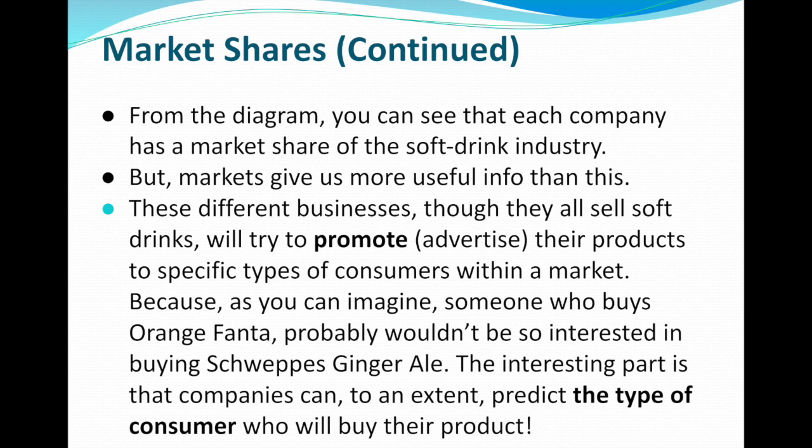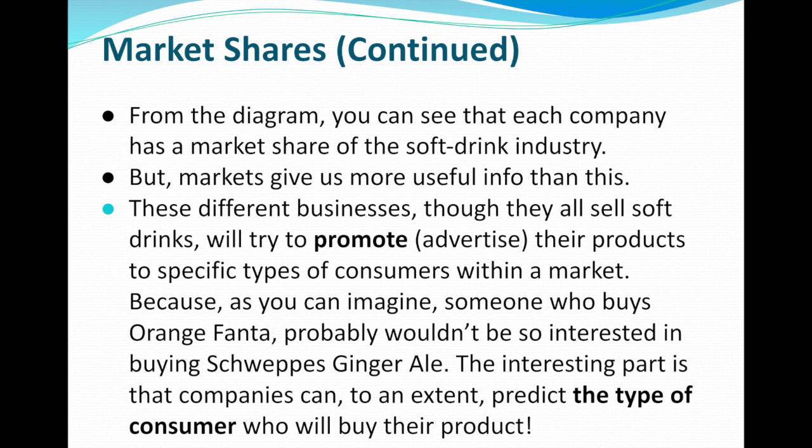And companies go to great lengths to find out the sort of type of customer that will buy their product. Companies can, to an extent, develop a stereotypical profile of the statistically most likely person to buy their product.